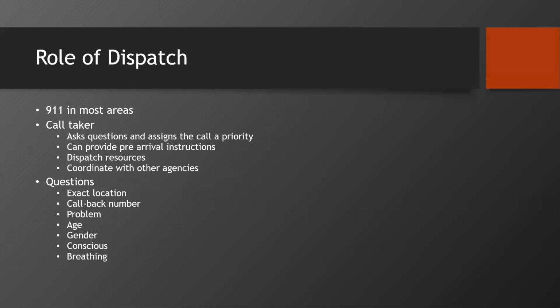Okay, the call taker, they're gonna dispatch resources. So the way our dispatch works, there are a few seats that just take calls. They don't actually do any dispatching. They'll take the calls, they'll create the call in the computer system, and they send it over to the dispatcher, and the dispatcher will actually send out the units and get on the radio and talk to you. The dispatchers themselves who are on the radios, they'll answer the calls too. So it's kind of whoever answers the phone call.